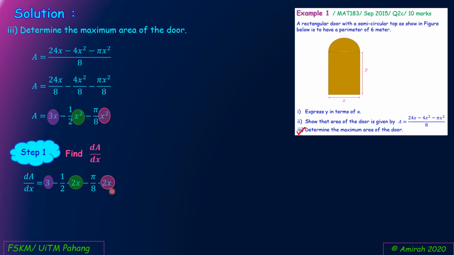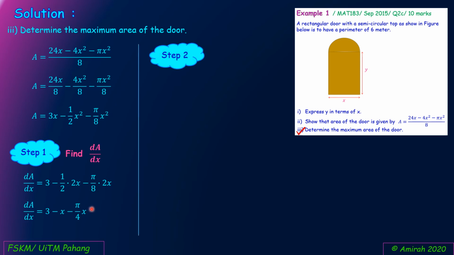Then we can simplify 2 and 2 here, and we can simplify 2 and 8 here, so we get denominator 4. Then we can write dA over dx equals 3 minus x minus pi over 4 x, right?